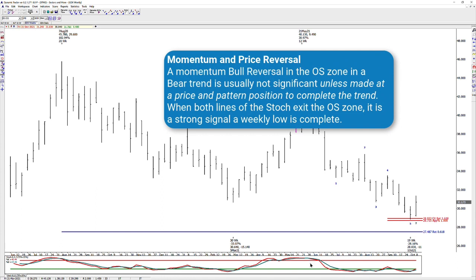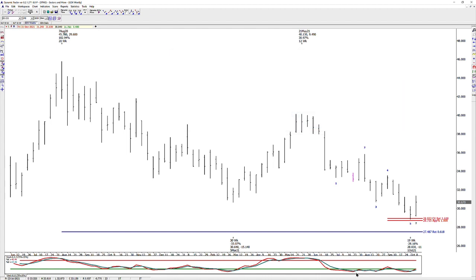So let's review closely a market that gets in a strong trend, in this case a strong bear trend, where the stochastic hangs in the oversold zone for some time. A bull reversal is not a signal to go long, or even to get necessarily excited that it's making a weekly low. More than likely, in fact, it's making just a short-term correction, and we don't want to initiate a long trade.